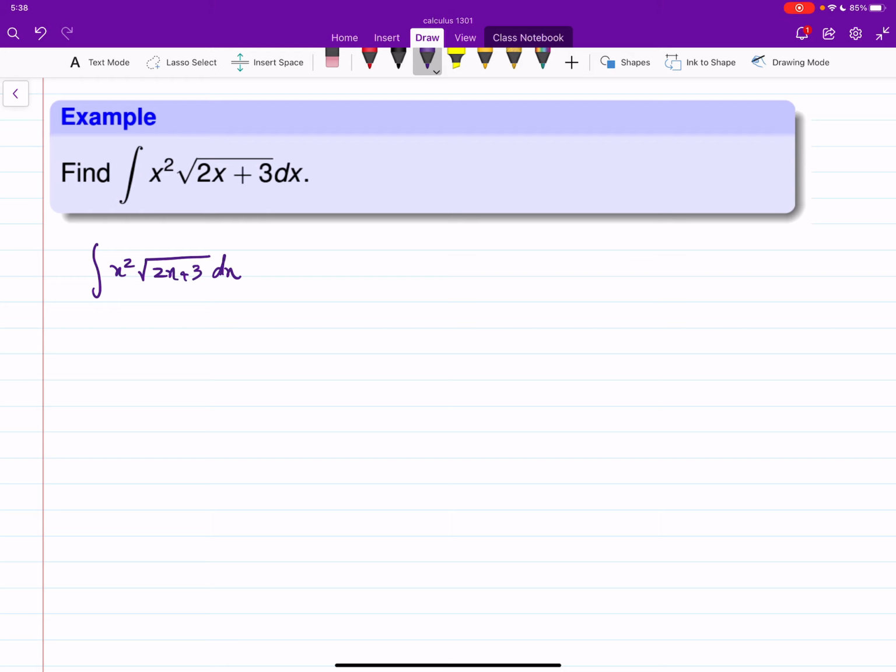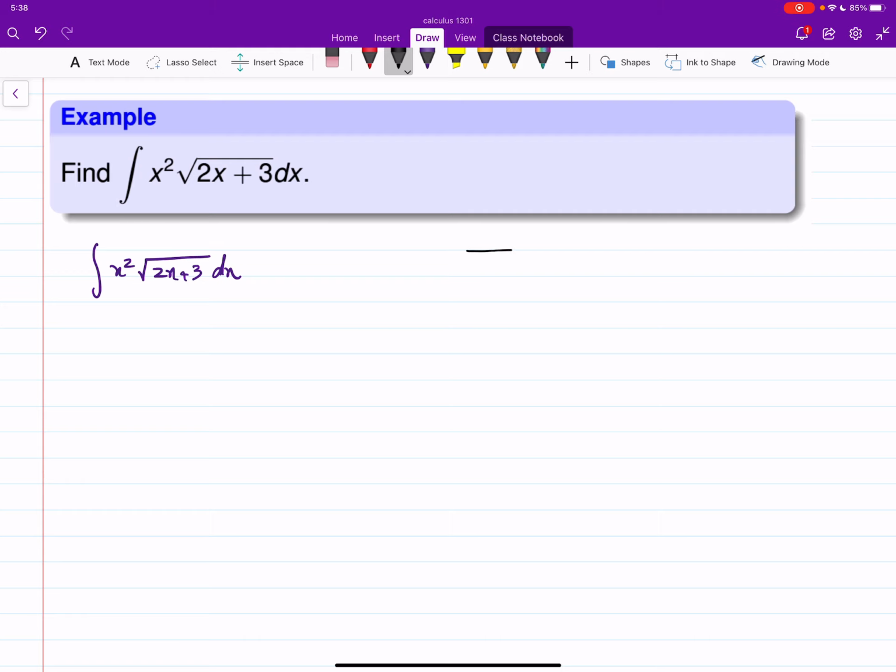If it was a square or quadratic under the square root, I would do something else, but this is linear, and a linear substitution usually isn't expensive for us.